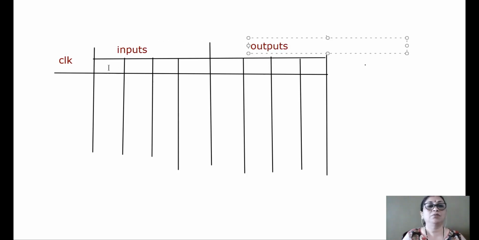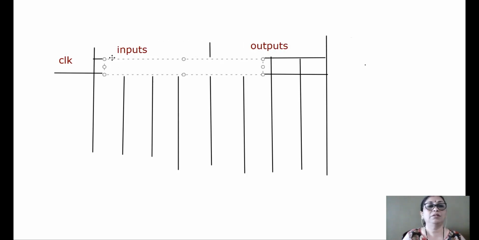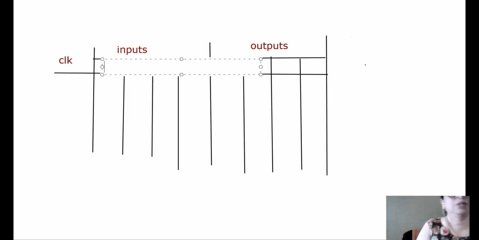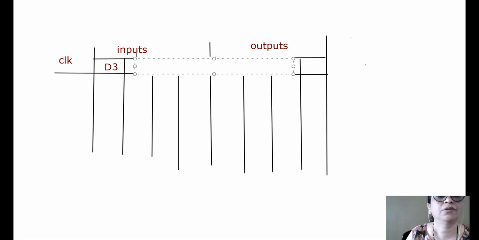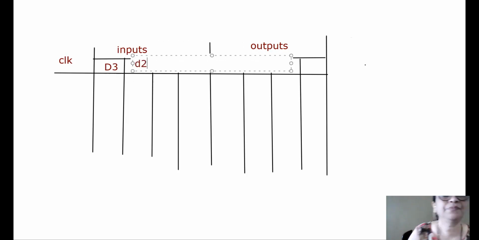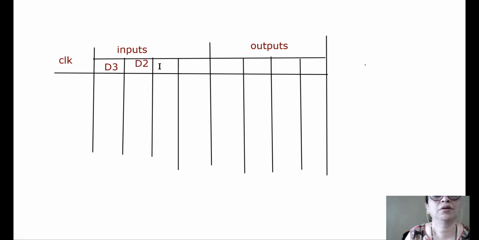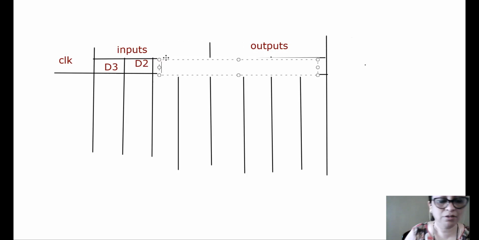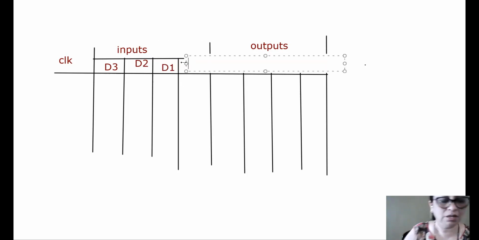Okay, so here you can write D3, D2, D1 and D0.